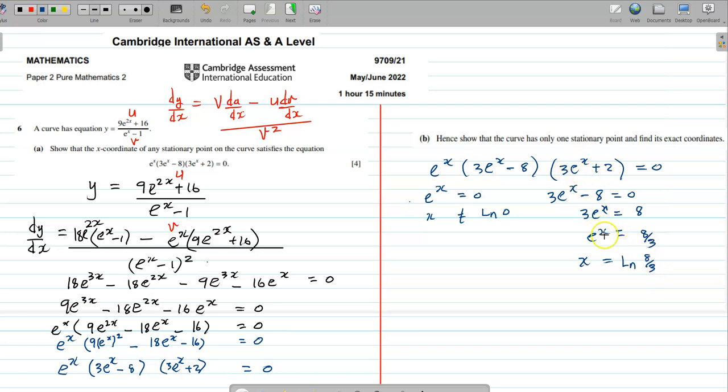And for this one, 3 e to the x plus 2 equals 0. If we solve for x there, we're going to get a negative, so this is impossible. You can't solve that, it's not possible. Let me just show you what's going on there.